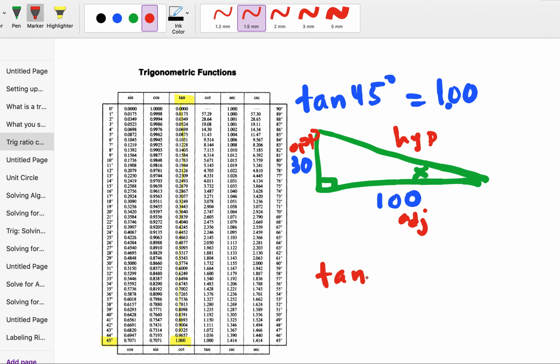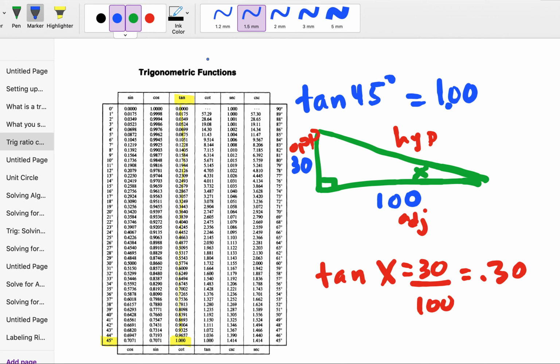So tangent at the angle x is going to be 30 over 100, which is 0.3. So what this is saying is that the opposite side, pink, is 30% of the adjacent side. So we want to know what degree gives you 30% of the opposite for whatever the adjacent is.